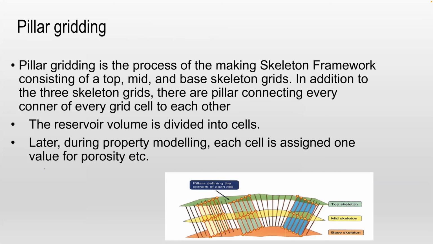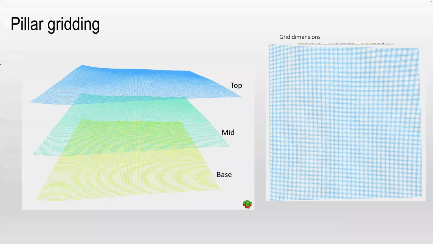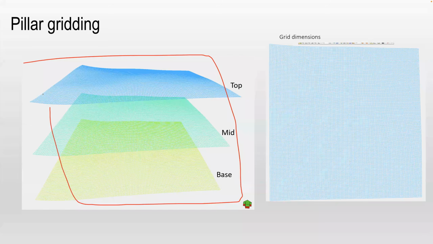Yeah. For example, you have a reservoir, and it is created based on the dimension of this grid. You can insert those dimensions into the software. For example, you want each grid to be 200 feet by 200 feet or 1000 feet by 1000 feet.